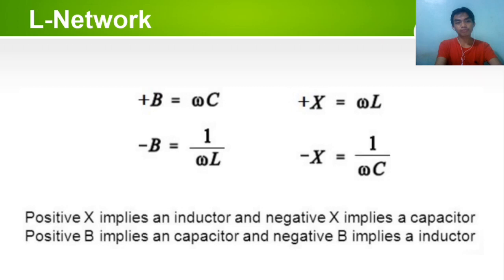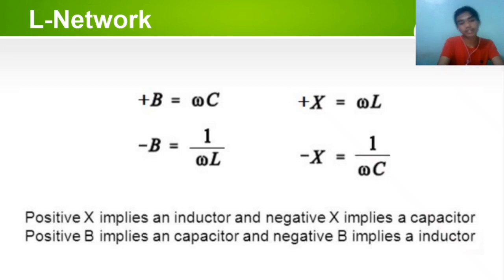After getting the susceptance and the reactance, we consider the sign of the susceptance and reactance. Positive X implies an inductor, while negative X implies a capacitor.